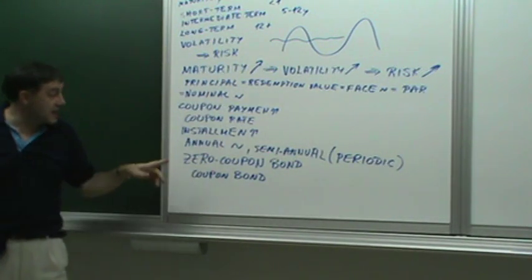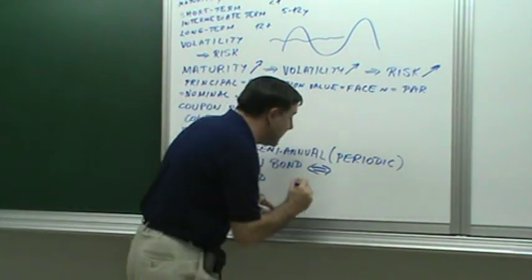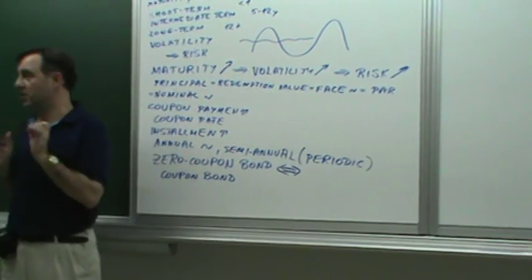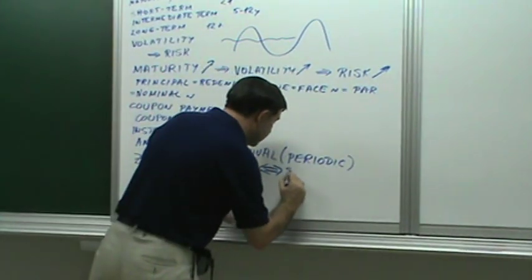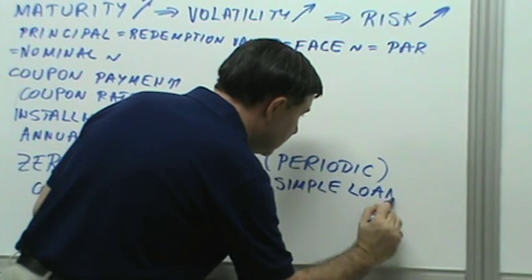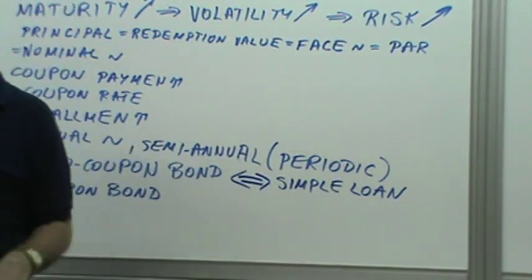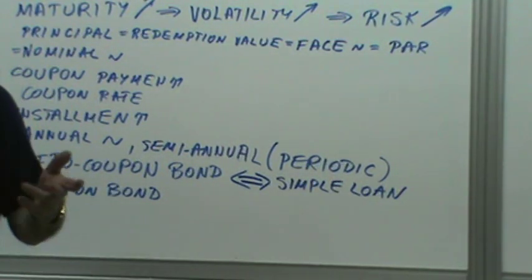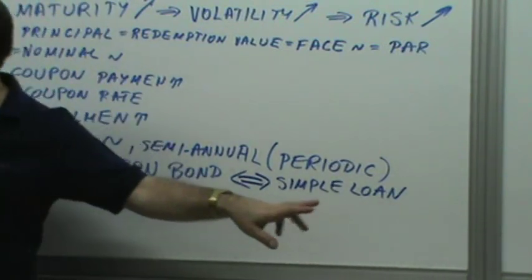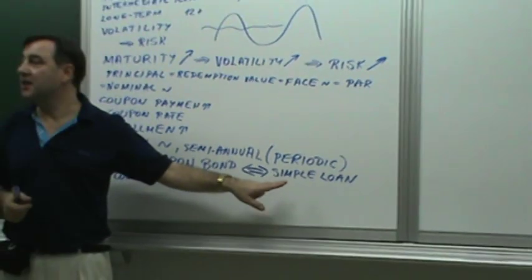Okay? And a zero coupon bond is the financial equivalent of what you should have studied before. It's called simple loan. And simple loan is just a loan, usually a bank loan, or could be any other loan by a finance company or anyone else, is simply a loan that's going to be repaid with one single payment.